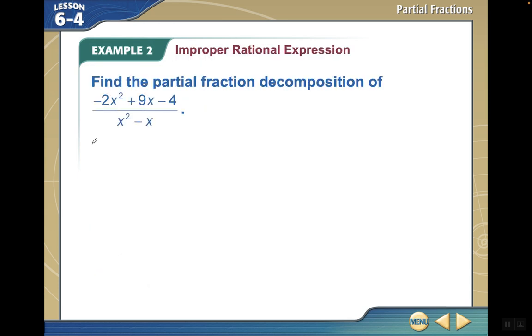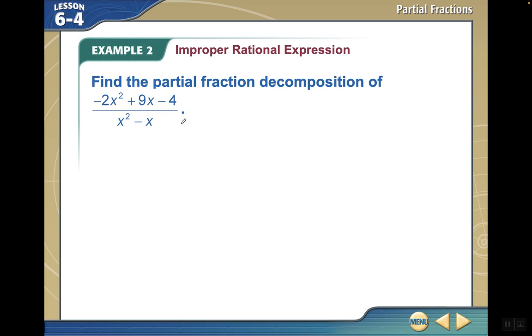All right, and here's the second part of this first half that we're doing. This time, this is an improper fraction where the numerator is greater than the denominator. So what we need to do is divide out so that we have a mixed number in a sense.